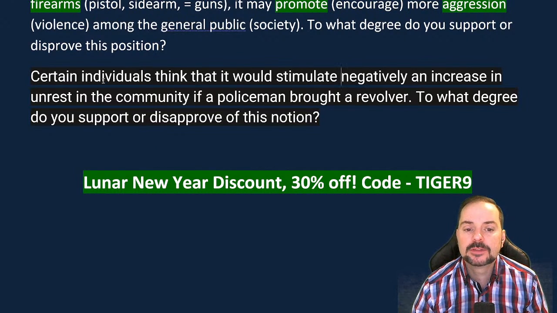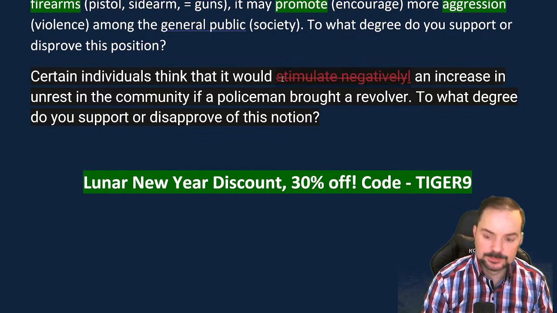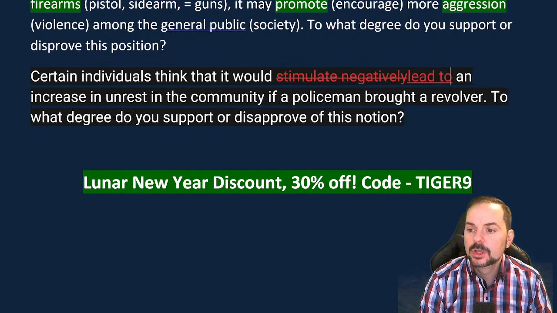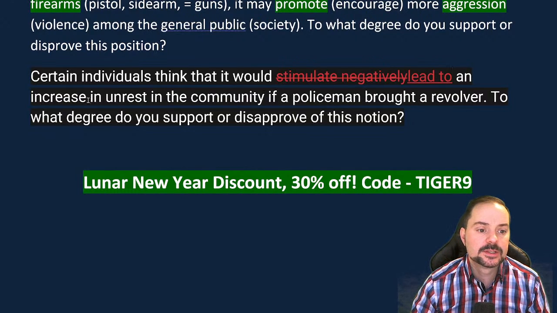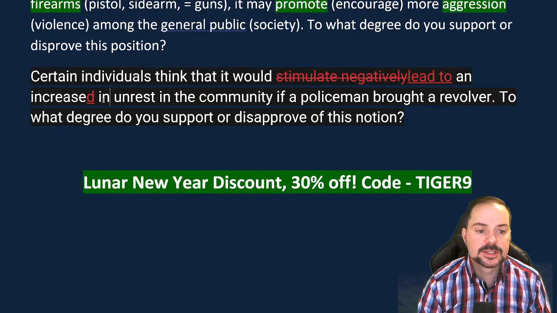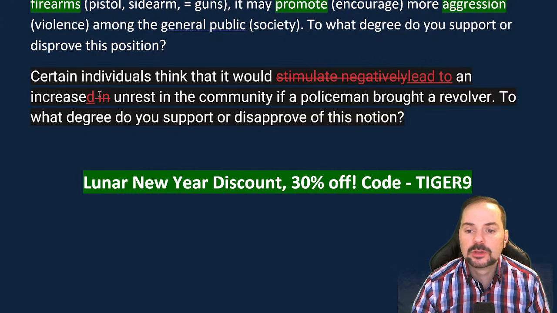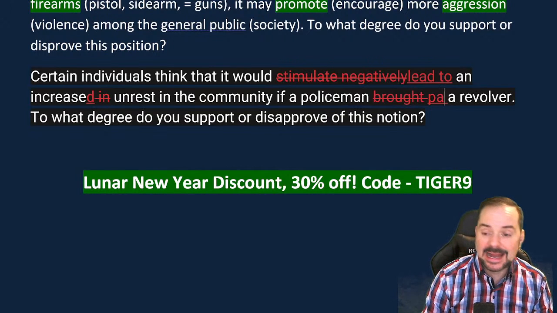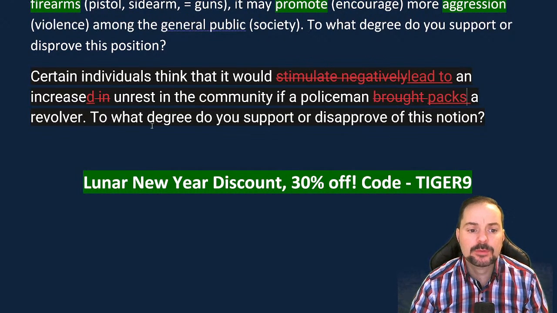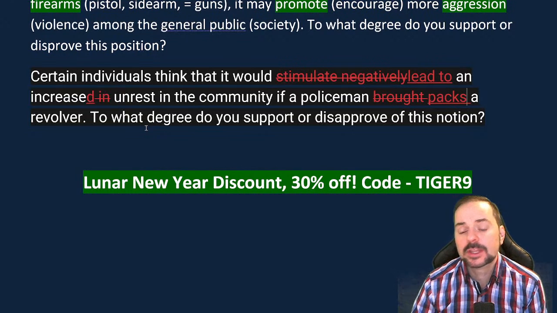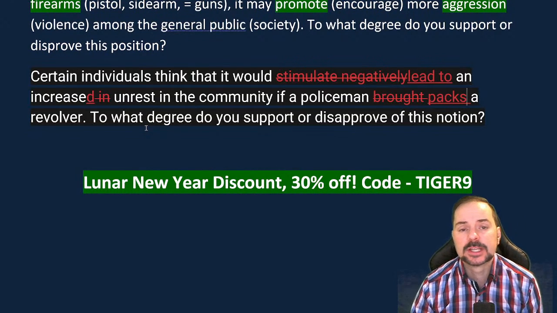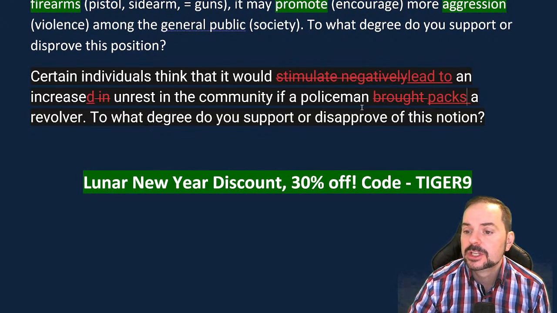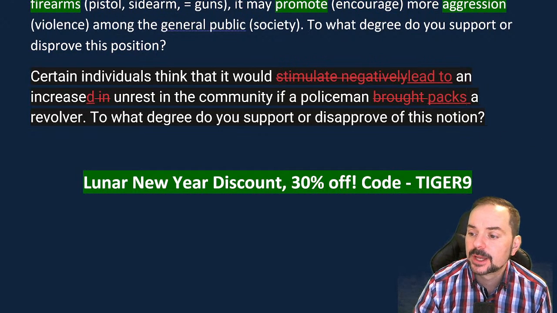So certain individuals think that it would lead, I would keep this simple, to an increased unrest in the community if a policeman not brought but carries or packs a revolver. To what degree? Okay, that's a little bit better. That makes a bit more sense, and I like how you reverse the grammar, Janelle, so that's good.